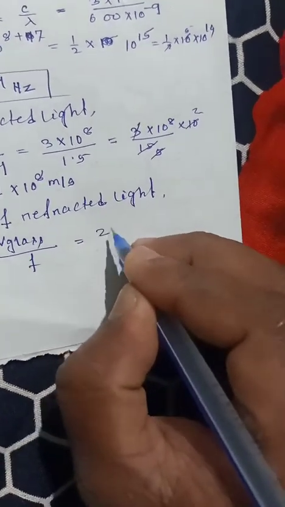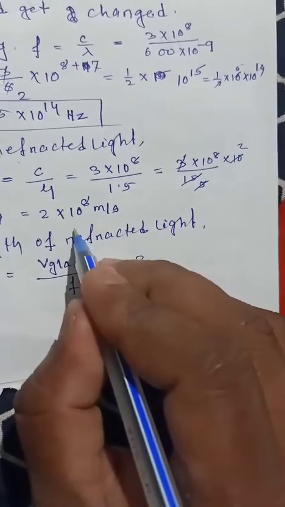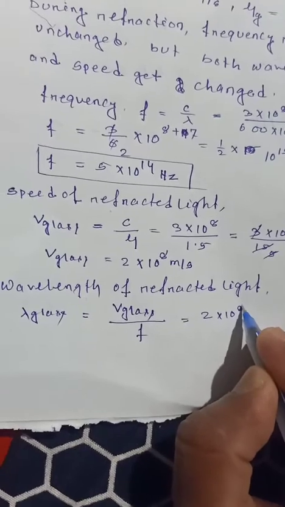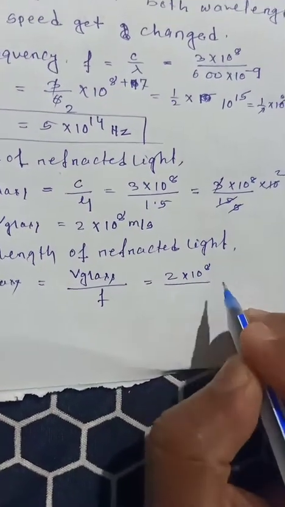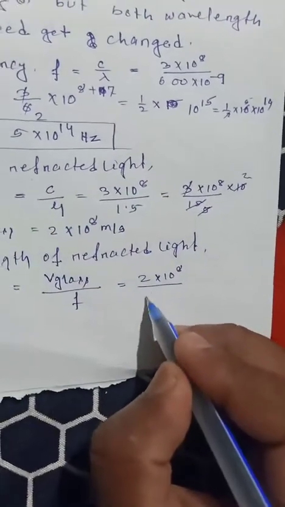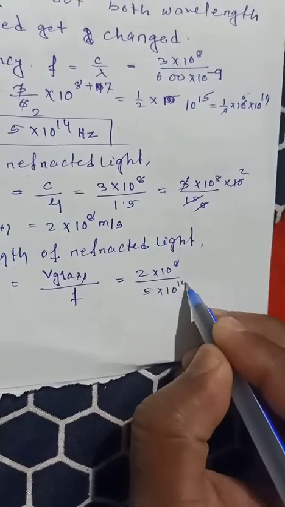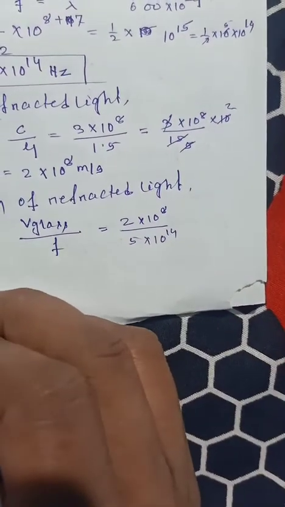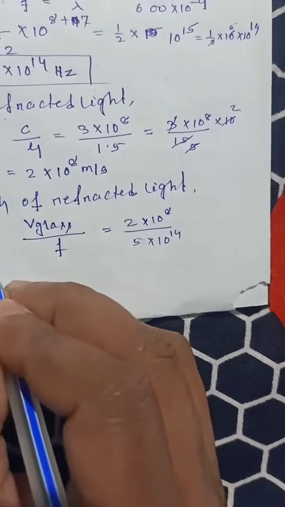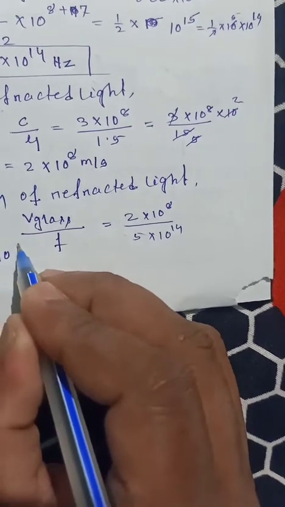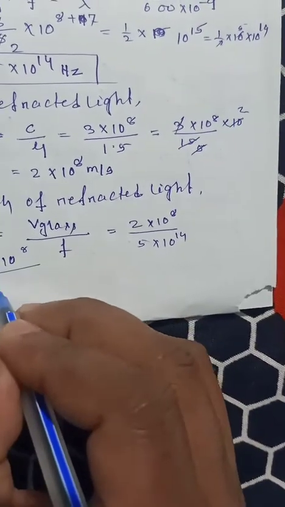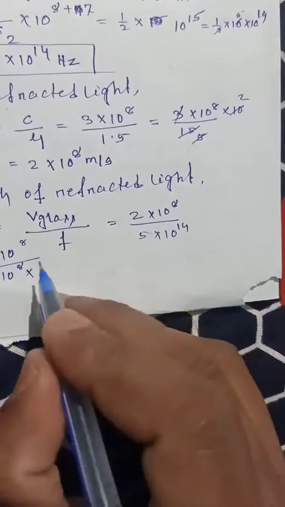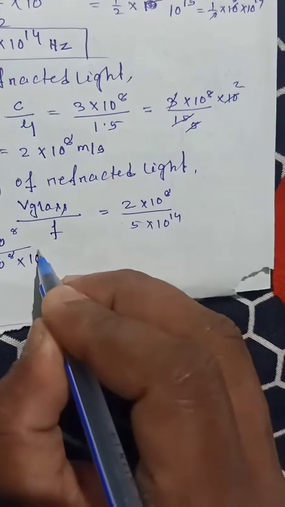V glass is already 2 into 10 to the power 8, divided by the frequency, 5 into 10 to the power 14. So in this problem, 2 into 10 to the power 8 divided by 5 into 10 to the power 14, which gives 10 to the power minus 6.